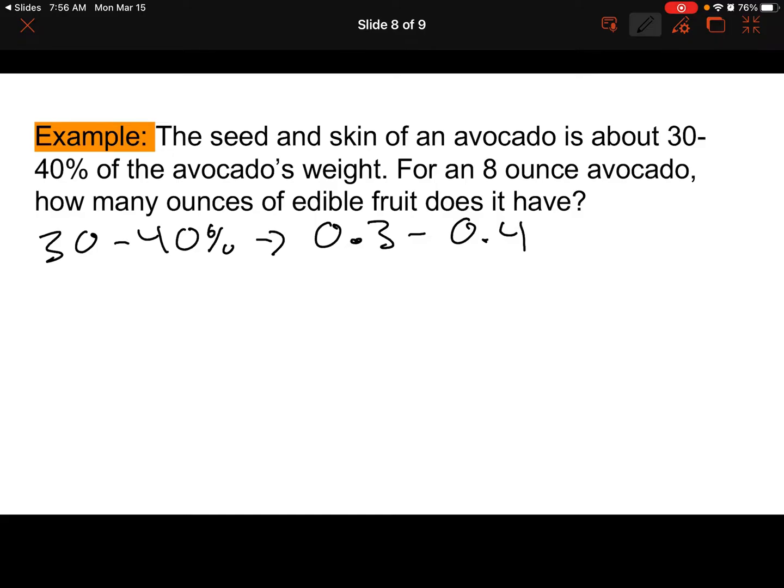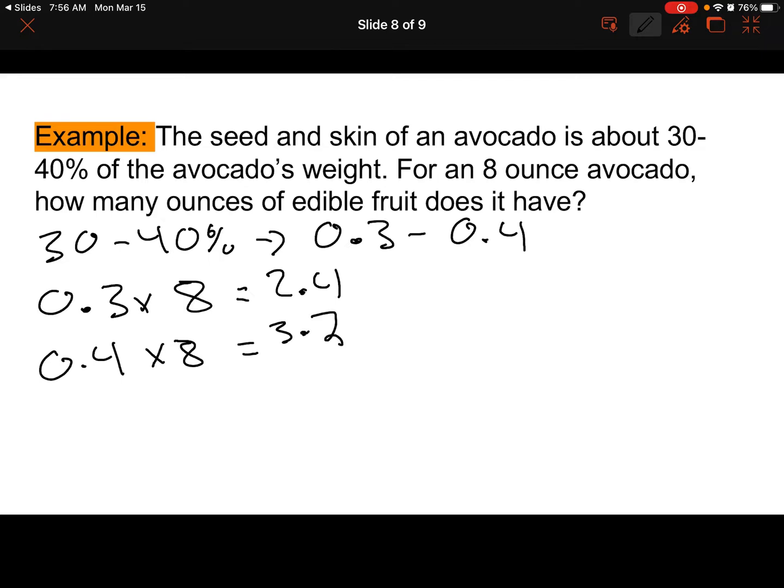So let's first multiply our 0.3 times 8, and that equals 2.4. And then let's multiply our 0.4 times 8, which would be equal to 3.2.